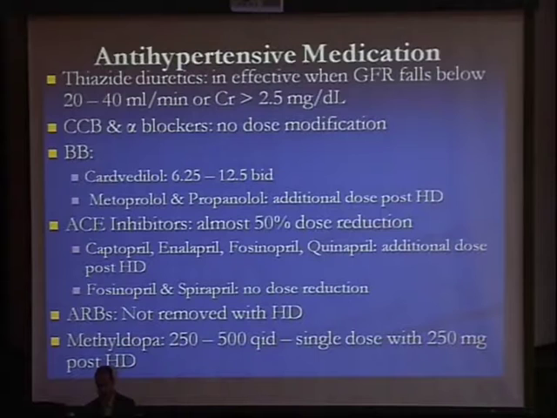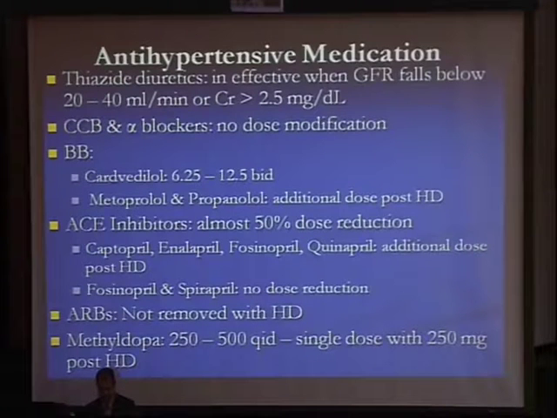I just want to tell you about special considerations of the commonly used drugs, the drugs that we commonly use. So remember that thiazide diuretics are ineffective when the GFR is below 20 to 40 milliliter per minute, or with a creatinine of more than 2.5 milligram per deciliter.